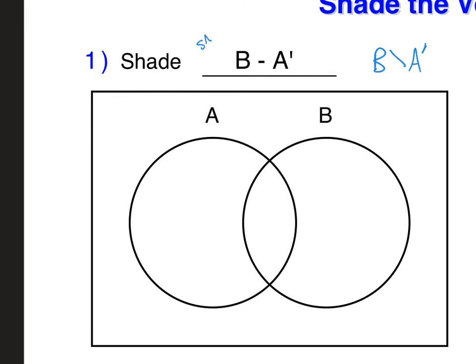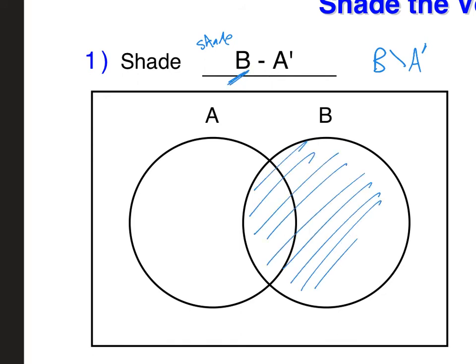All right, let's look at B minus the complement of A, or B minus not A. So again, we're going to shade B. So let me shade everything in B. And then we're going to erase everything in not A, or everything in the complement of A. So let's remind ourselves what that looks like. I'm going to circle set A, and the complement of A is everything that is outside of that circle.